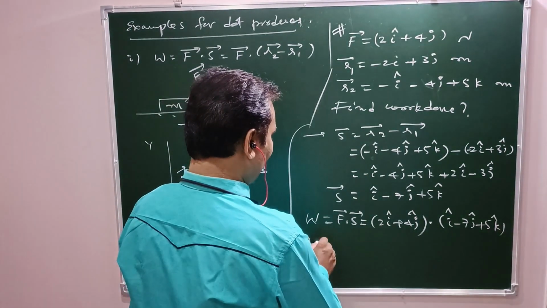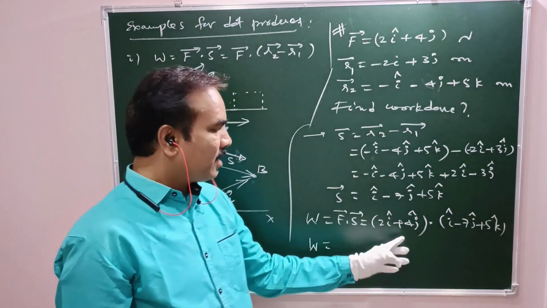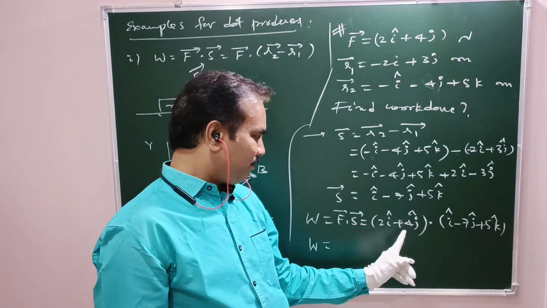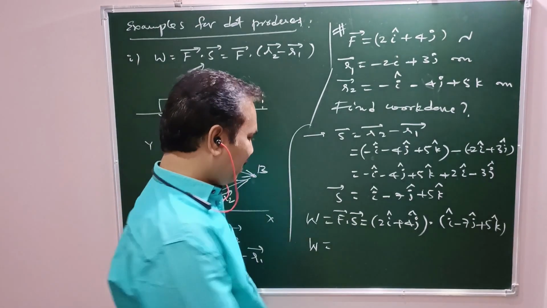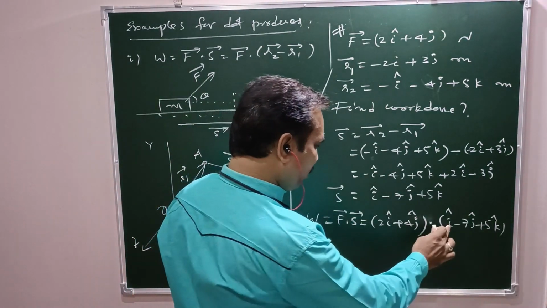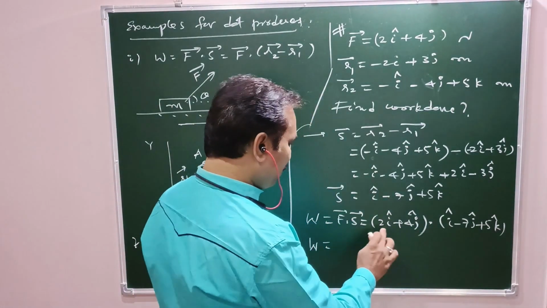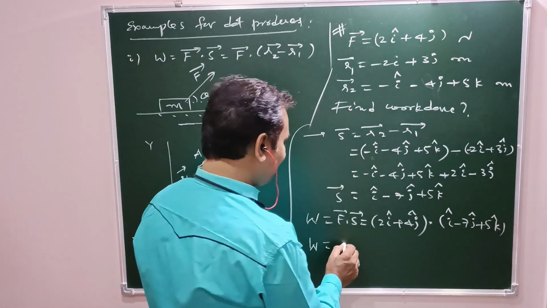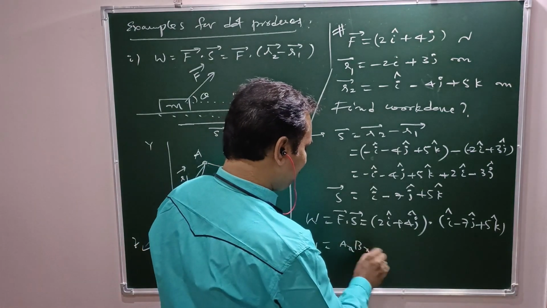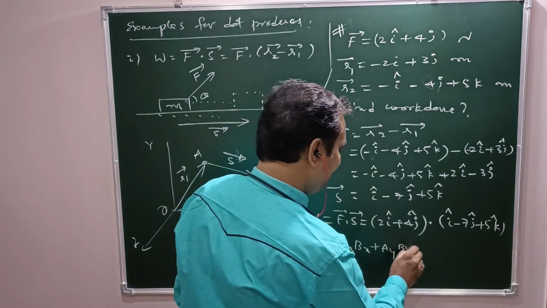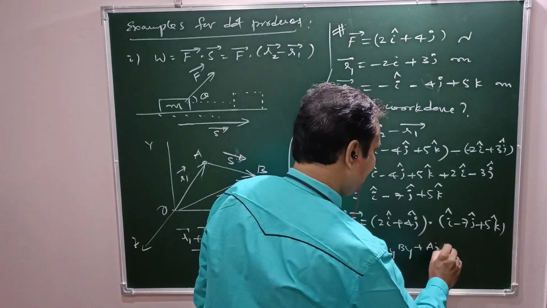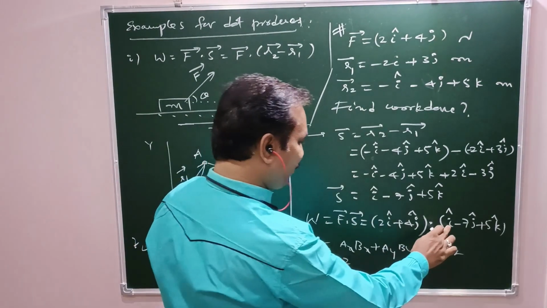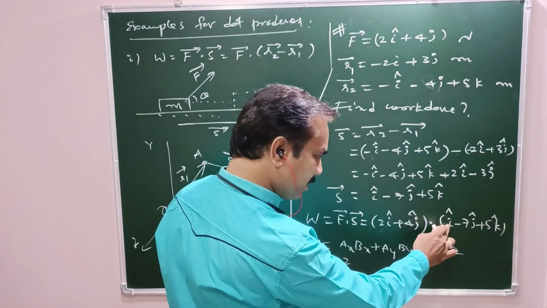Now how to find the dot product of two vectors? See, sum of product of similar components, that is i dot i plus j dot j plus k dot k. So ax bx plus ay by plus az bz. Here ax means 2, bx means 1 into i cap, so that is 1.